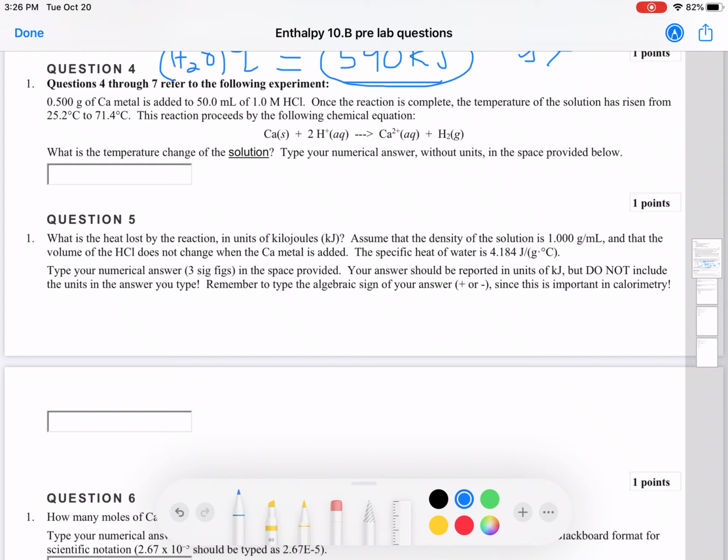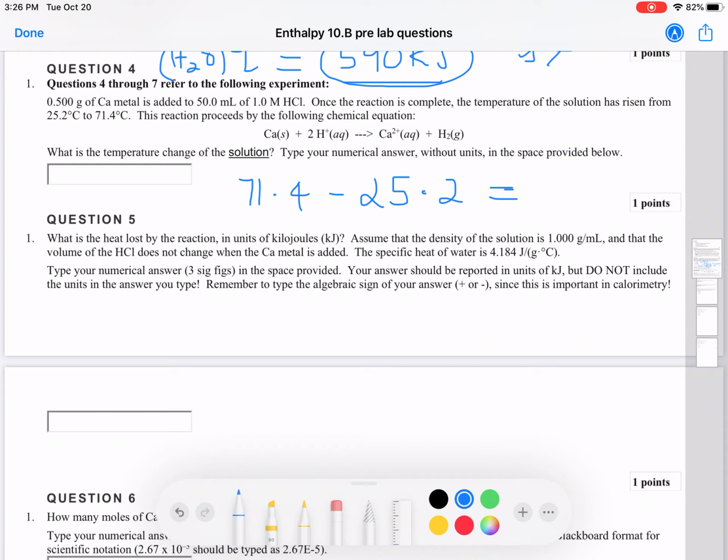What is the temperature change of the solution? So the temperature change is basically going to be the final temperature, 71.4, minus 25.2 degrees Celsius. So you guys can find that answer and write it down in the space provided.